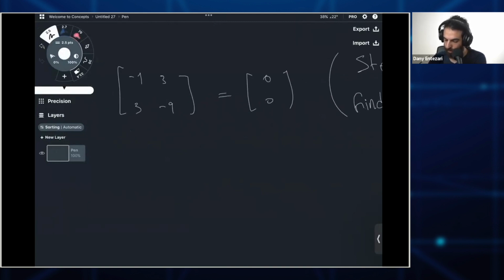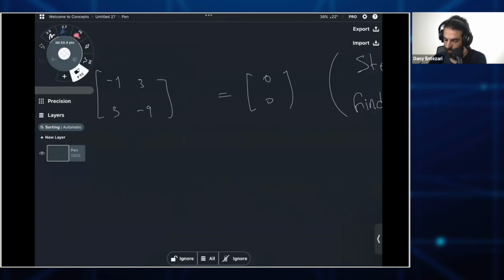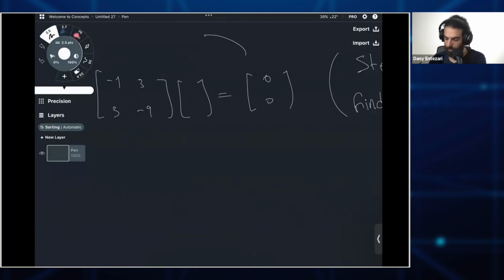We want to find the eigenvector, so basically the vector that when we multiply by this matrix gives us that vector. And so the values of this vector are unknown, and we will say x sub 1 and x sub 2.